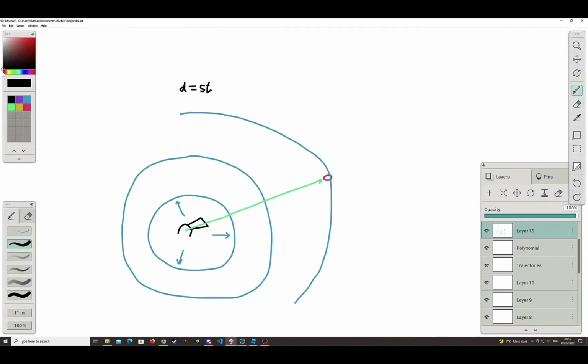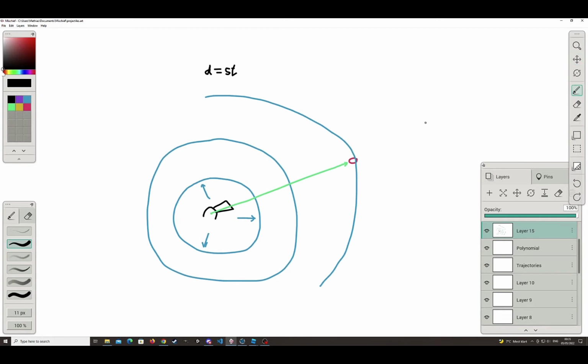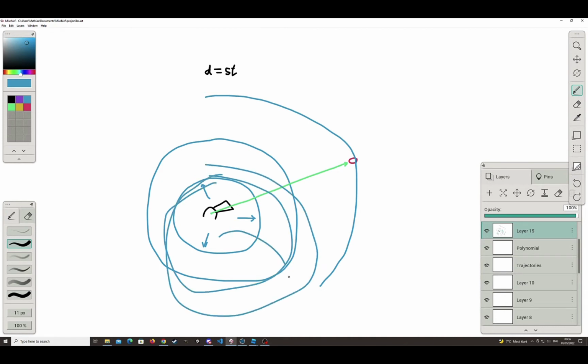But of course, this does not account for gravity, right? So if you try to use this firing angle, the cannonballs will probably just go somewhere like that. So instead, we can imagine that this circle, as it's growing, it's also accelerating downwards in a way, falling like this or something.